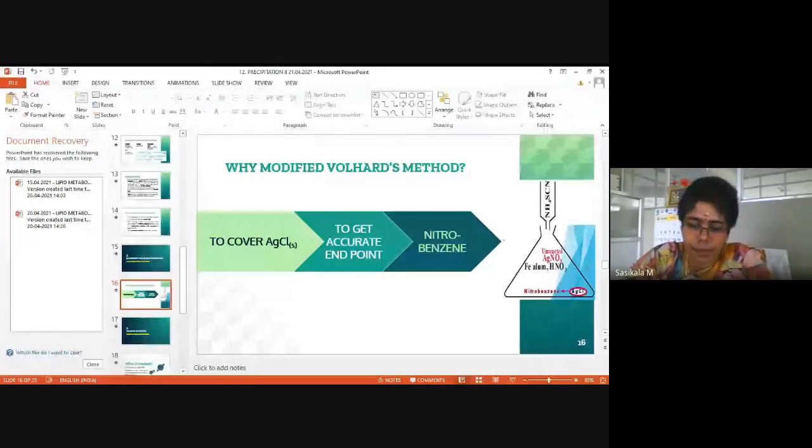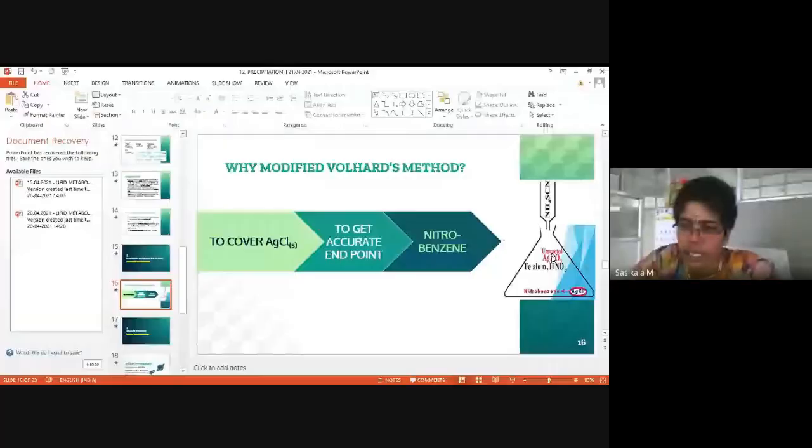So it is the same reaction; we are only using nitrobenzene, a viscous liquid, to coat the silver chloride formed. This avoids the solubility of silver chloride as silver ion and its interaction with ammonium thiocyanate, so that we can accurately determine how much chloride was present in the solution. Got it? This is about the modified Volhard's method.